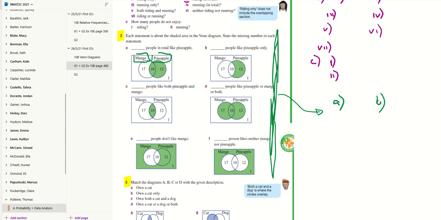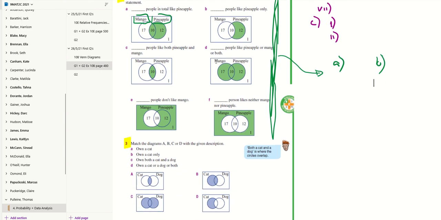And they've actually coloured in the circle for you. Again, these are easy level questions. So you're looking for the shaded in part anyway. The next one is you're just pulling out the information. It's shaded for you anyway. How many people like both pineapple and mango?